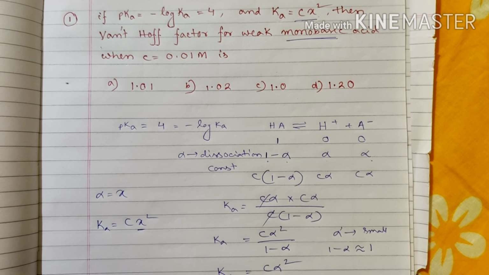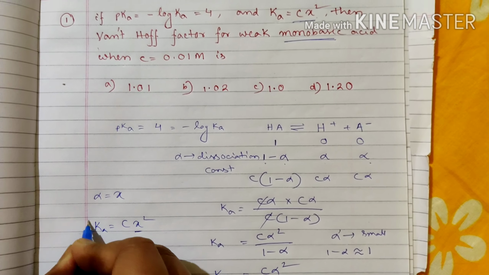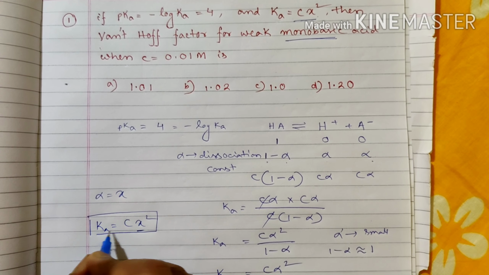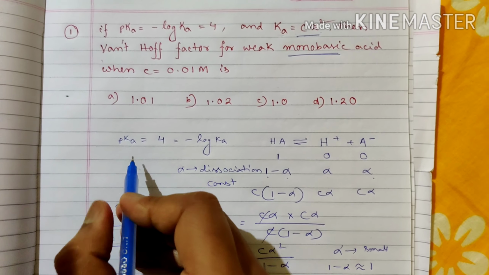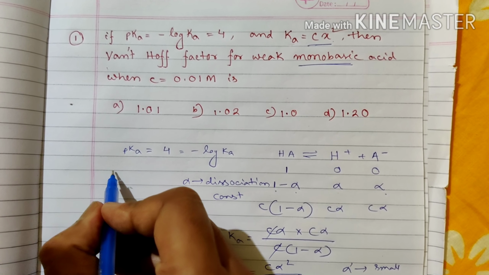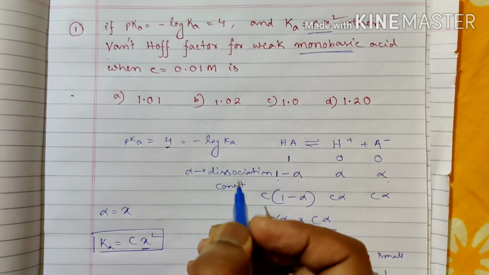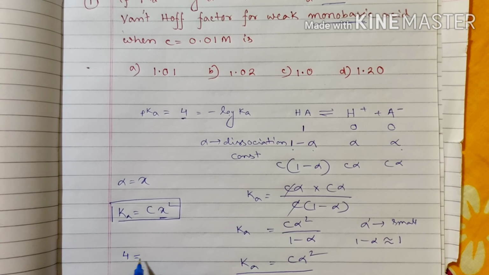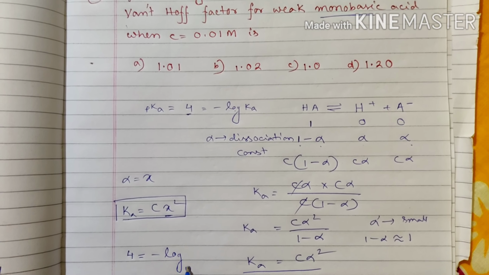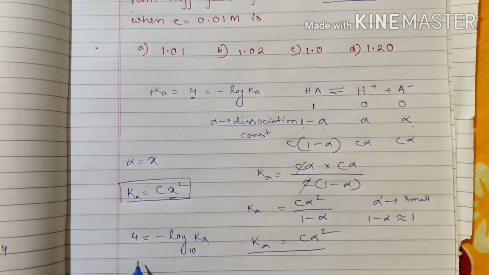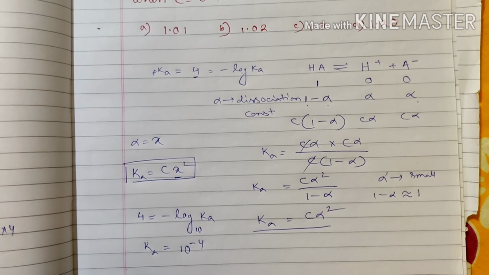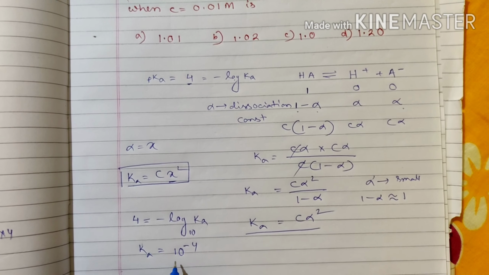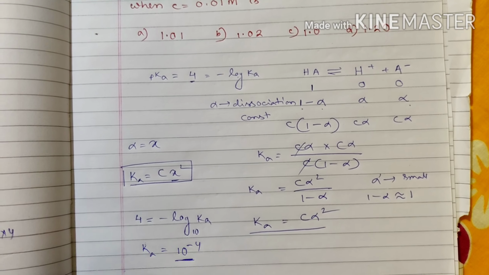Now see this equation, Ka is equal to C into x square. Let us find out the value of Ka. If 4 is equal to minus log Ka, with log to base 10, then Ka should be 10 to the power minus 4. So the value of Ka is already determined.